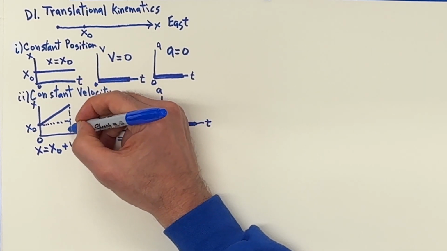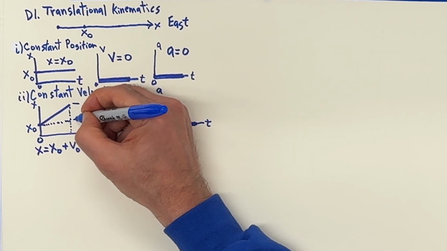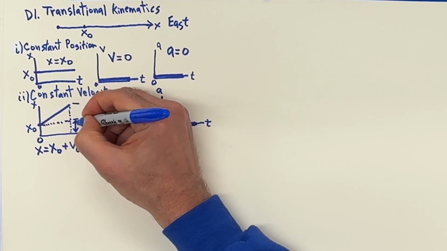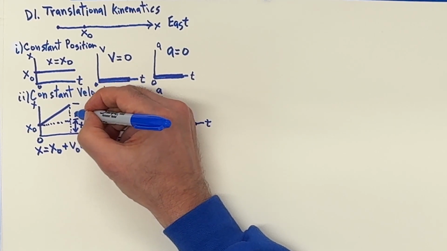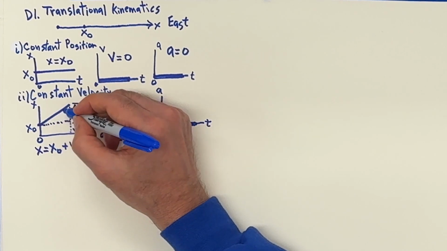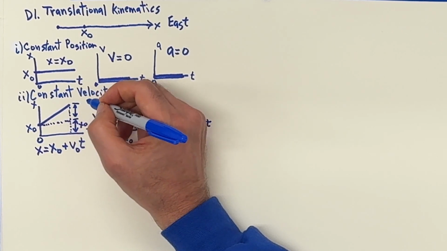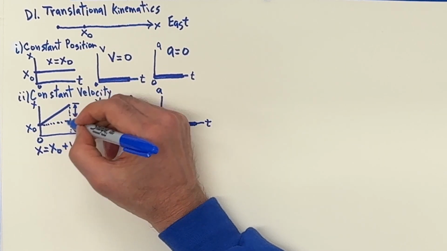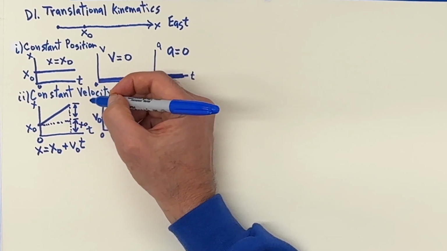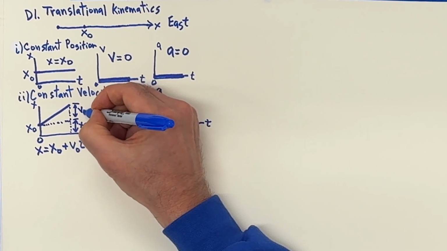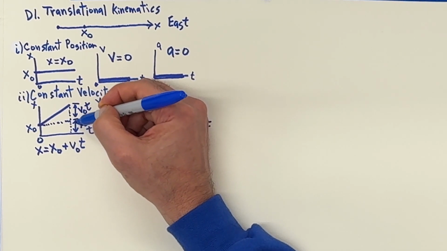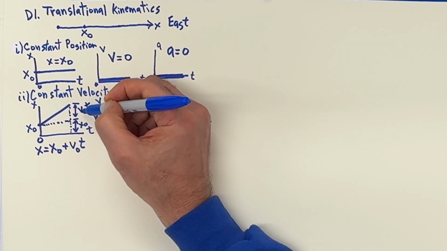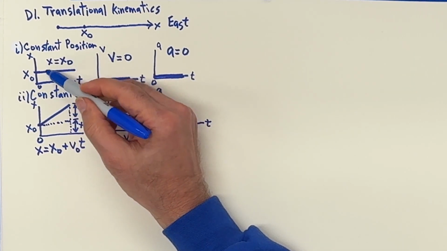So the x has two components. This component here is your initial x. That's where you start, x naught. And then this here is the distance you're going to travel in the time as t goes on. So this is going to be v naught t. So you can think of this as two pieces. x naught. If v naught is 0, then that's all you would have, this case here.